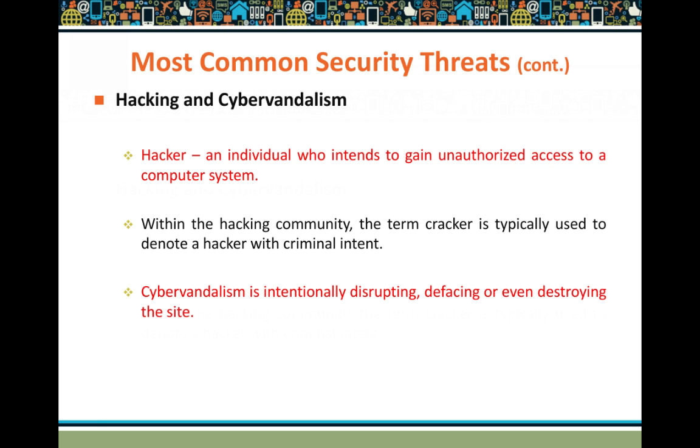Then we have hacking and cyber vandalism. Now, who is a hacker? A hacker is an individual who tries to get unauthorized access into your computer system with criminal intent. Hacking has different intentions. We normally hear the words hacking and ethical hacking. Ethical hackers normally try to prove that your security system is not up to the mark.